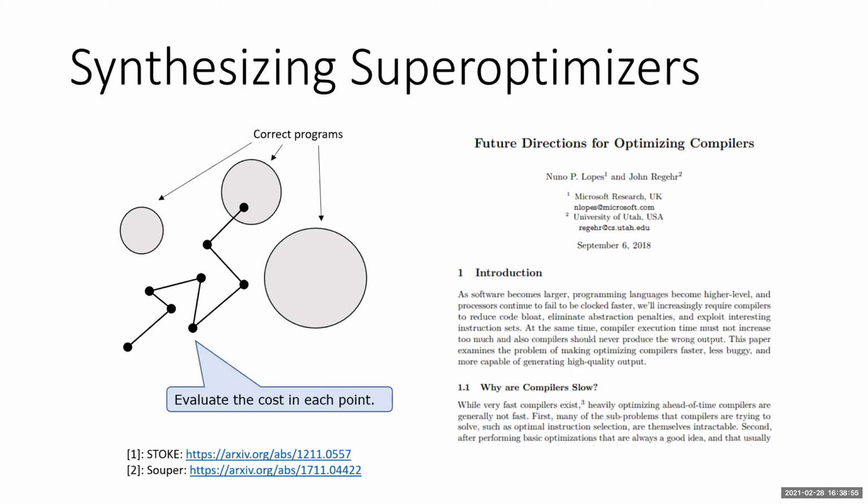However, super optimizers prove themselves useful for small programs. For example, super optimizers like Stoke and Souper were able to find missing peephole optimizations in LLVM InstCombine. And so, to me, I believe that right now it's more about filling the gaps in existing peephole optimizations rather than fueling the whole compiler.